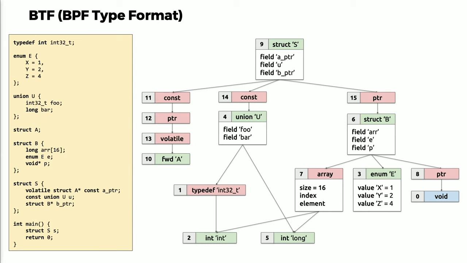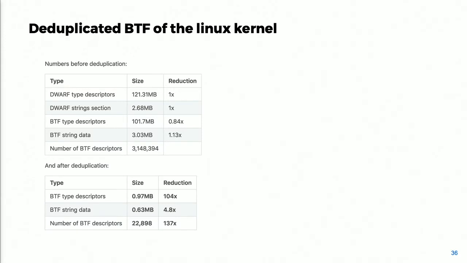The main difference versus DWARF is that it's much smaller. So we compile the Linux kernel with this type information. The DWARF that describes the kernel is 120 megabytes. The same information represented in BTF is 100 megabytes, so it's a small savings.